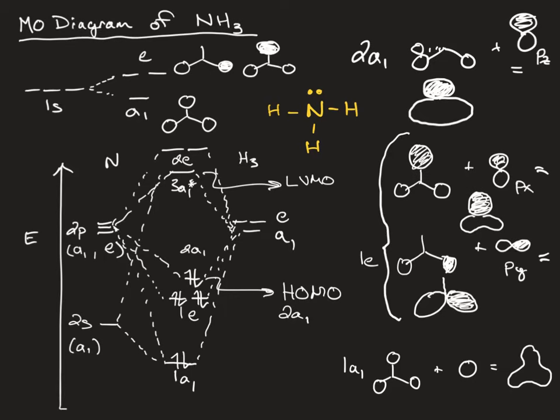So as we can see, this isn't exclusively a nitrogen-dominated lone pair. There's significant hydrogen character in this molecular orbital. So as we can see, we can use these Lewis structures as a guide. However, the actual underlying bonding of the molecule is much more complex than what you would predict from simple Lewis theory.